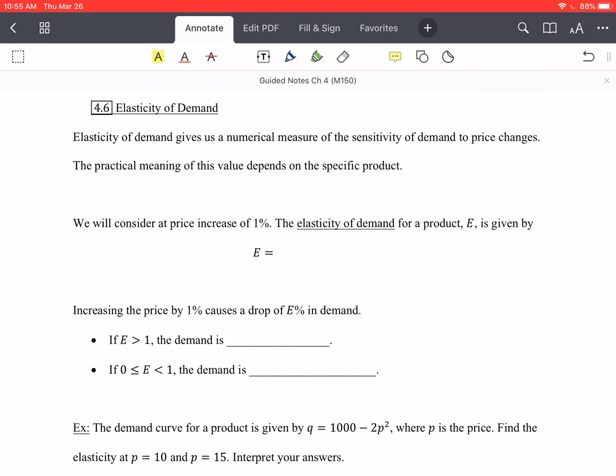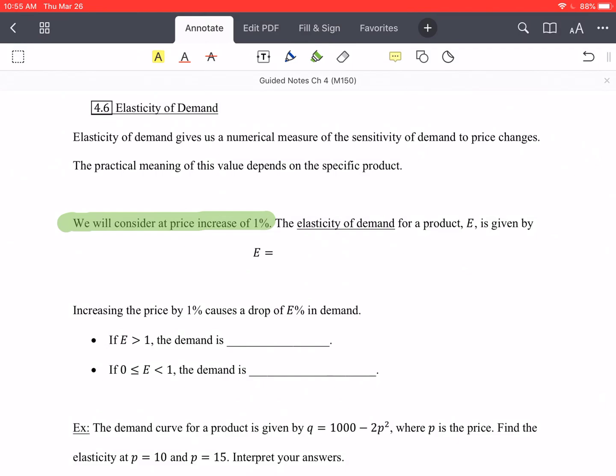Now, when we're talking about elasticity, we have to have a common way of measuring elasticity. We're going to consider a price increase of 1%. So we're working with percentages here instead of just dollar amounts, because if I'm working with just pure dollar amounts, raising the price of a candy bar by $5 is a huge price increase, right?